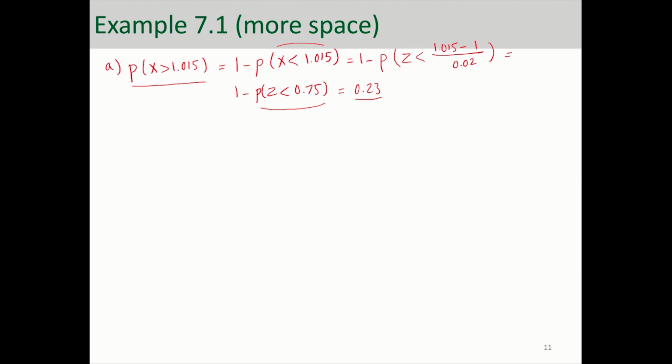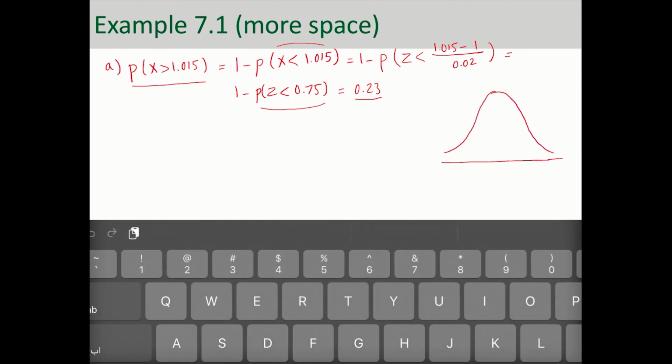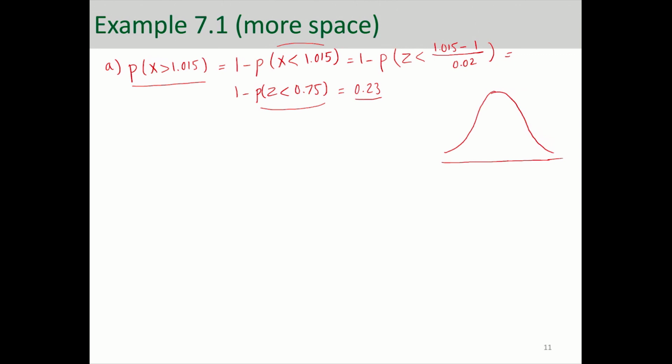Essentially, if you think about the distribution of the diameter of tubes, it has this average of 1, and standard deviation is 0.02, so 3 standard deviations to the right and left limits are 1.06 and 0.94, right?